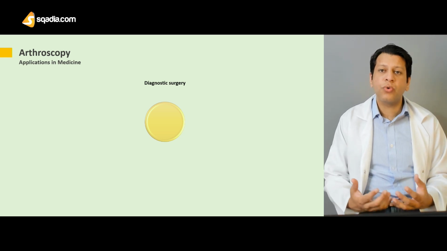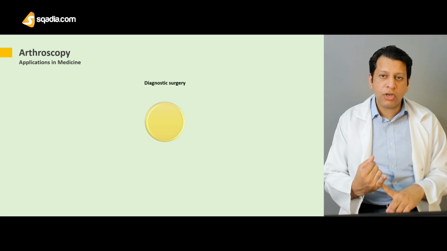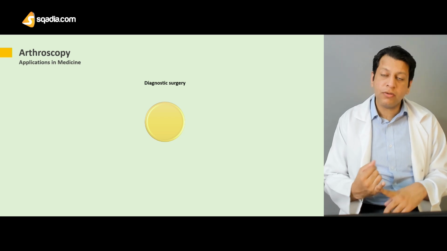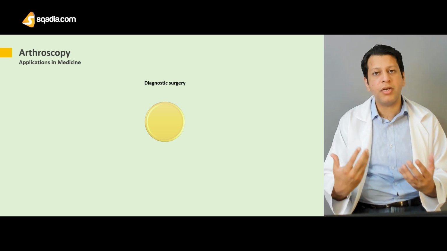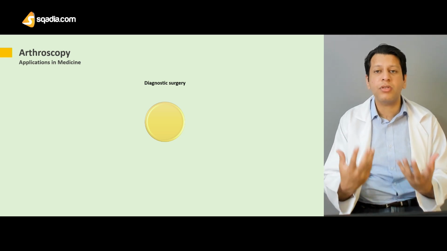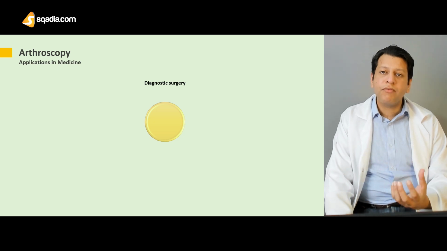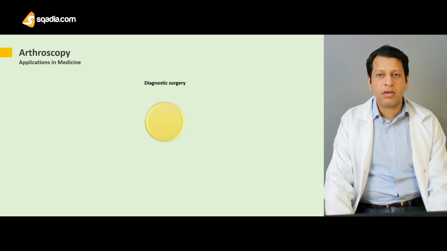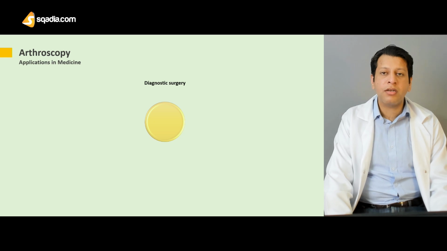You can go in and see whether the meniscus is torn, whether you have an ACL or PCL injury, whether you have a posterolateral or posteromedial corner injury, whether you have a problem with the anterior, middle or posterior horn of the meniscus, or which side is involved, or whether you have a problem with the femoral condyles or the tibial cartilage present on the tibial condyles. So one best option is to just go in there and diagnose exactly what the pathology is.